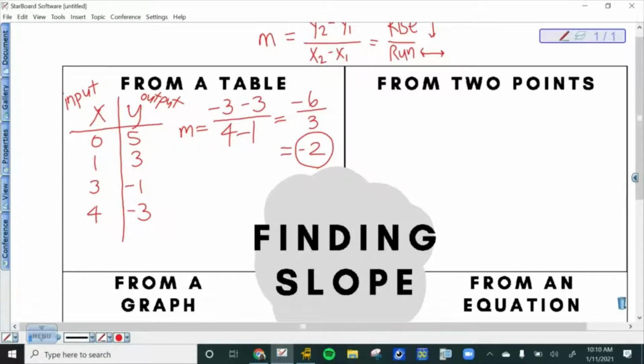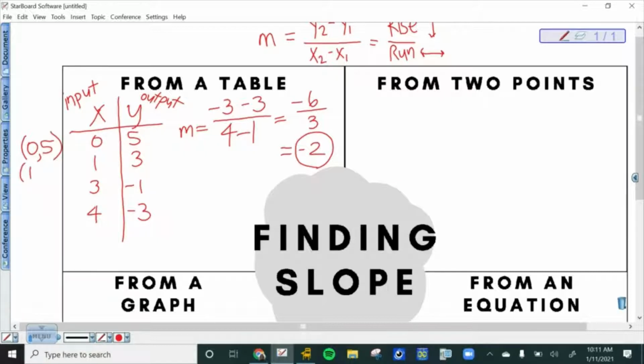Looks good? Okay. So from 2 points is going to be really similar. Just think, this table is a different way of writing ordered pairs. So this pair right here, 0, 5, could also just be written like this.